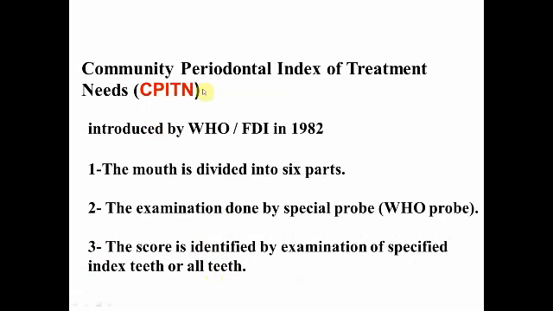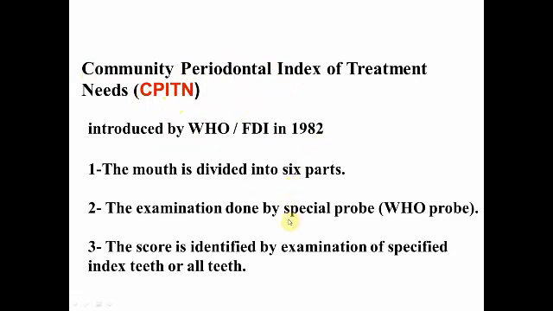The other important index is the Community Periodontal Index of Treatment Needs. We take each letter from the beginning, so it is CPITN. Introduced by WHO in 1982, the mouth is divided into 6 parts.